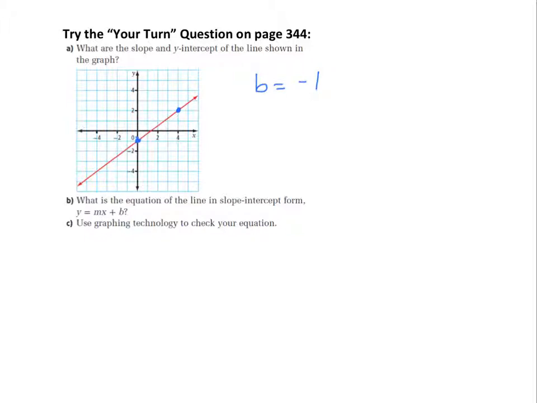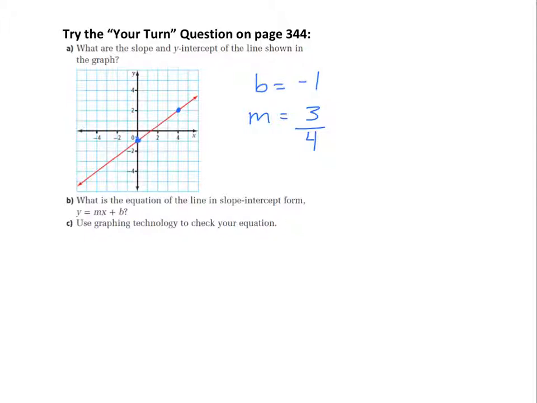From this point, we're going to go up 1, 2, 3, so that would be the rise, and then to the right, 1, 2, 3, 4. So our slope, if we look at rise over run, m is equal to, goes up 3 and to the right 4. So 3/4 is our slope.